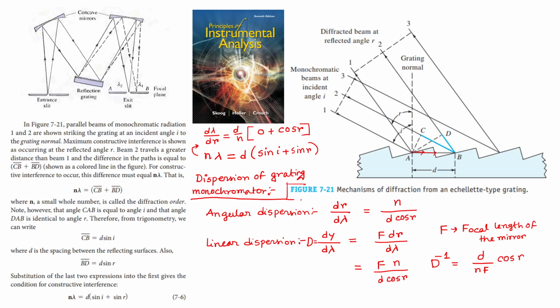If r is very small, less than 20 degrees, then this is going to be a constant, the d dash, because cos r will become 1 at very close to the zero angle, and it will be d by nf. And we can always rewrite the equation. So this is how we can write what angular dispersion and linear dispersion are.